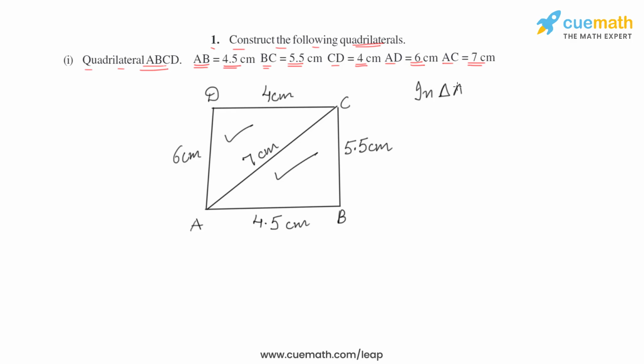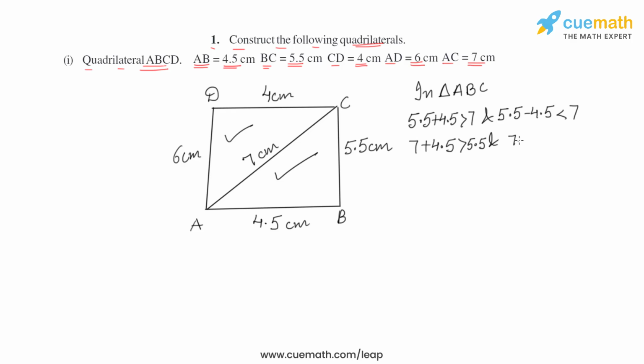In triangle ABC, the three sides are 7, 4.5 and 5.5. So let's check: 5.5 plus 4.5 is greater than 7. Yes, correct. And the difference 5.5 minus 4.5 is less than 7. That is also correct. Let's take another pair. 7 plus 4.5 is greater than 5.5. Correct.